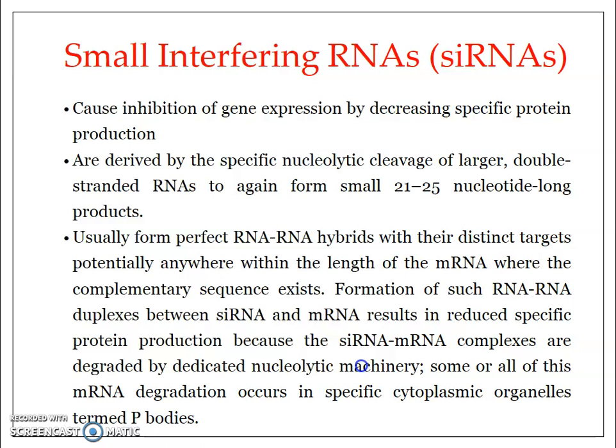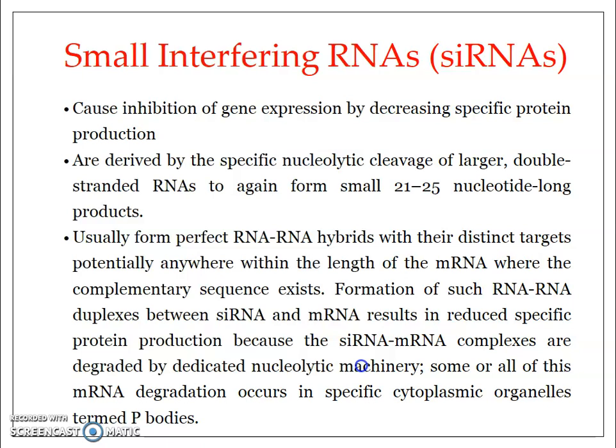These siRNAs are derived from double-stranded RNAs, and these are also about 21 to 25 nucleotides in length, and they also hybridize with the target mRNA. And what is the difference?